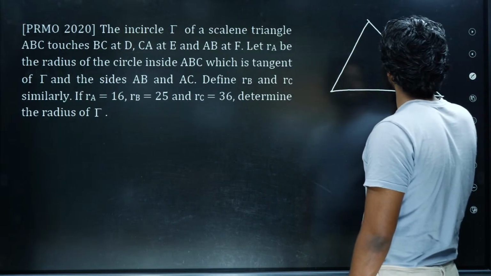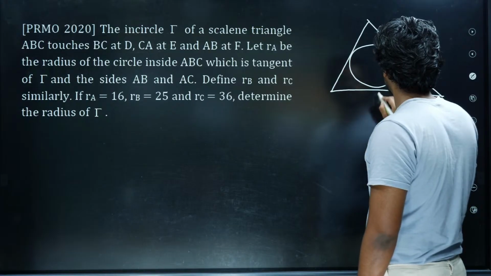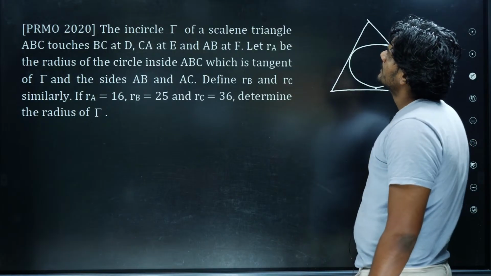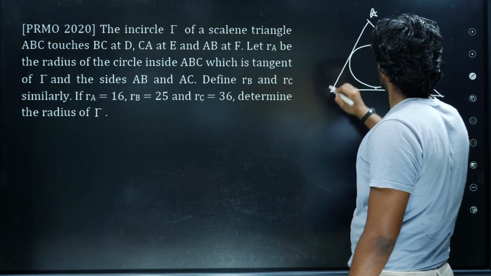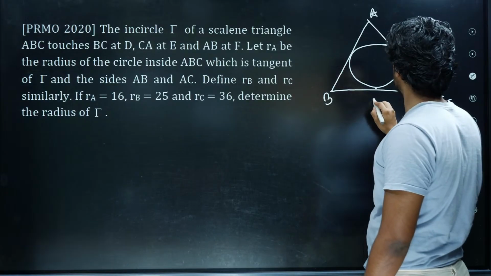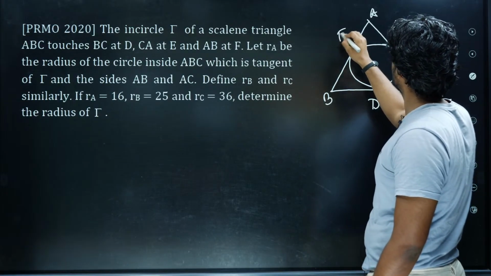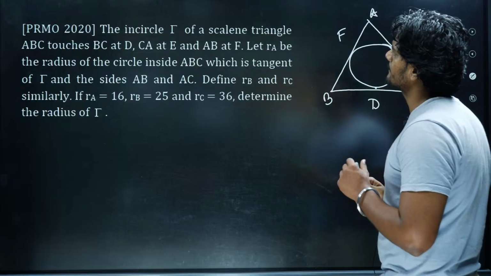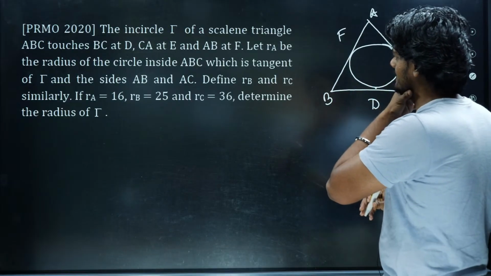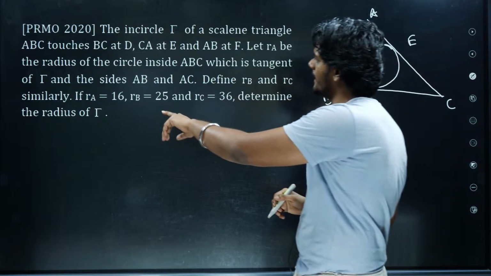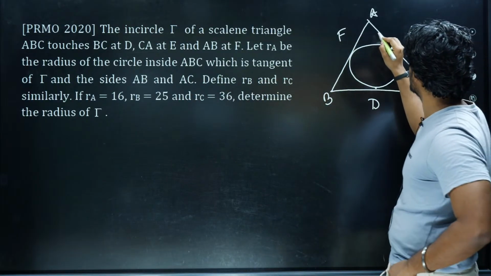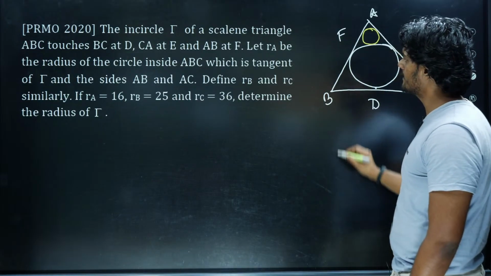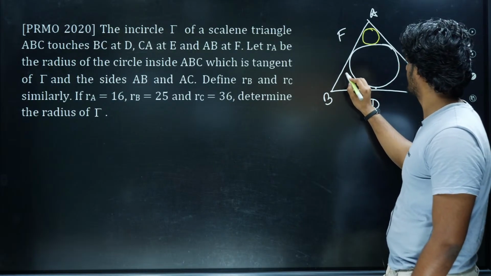I have the incircle, and it touches BC at D, E, F. Let RA be the radius of the circle inside ABC which is tangent to gamma and sides AB and AC. So RA is here, and similarly there is an RB, RC.